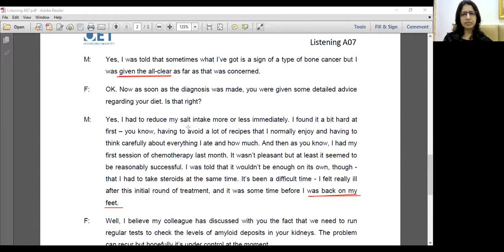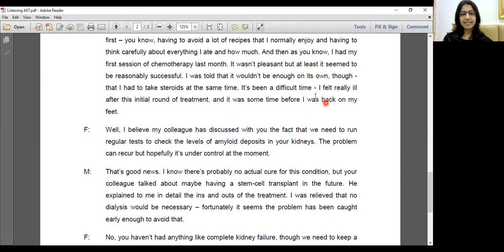This is pretty simple, very easy to understand. But it's important to understand that it has nothing to do with the back or the feet, right? It's kind of an idiom to say that I'm independent again or I'm normal again.